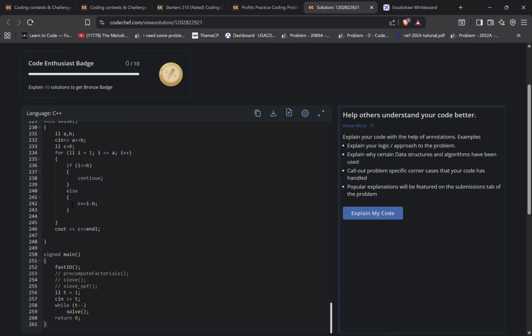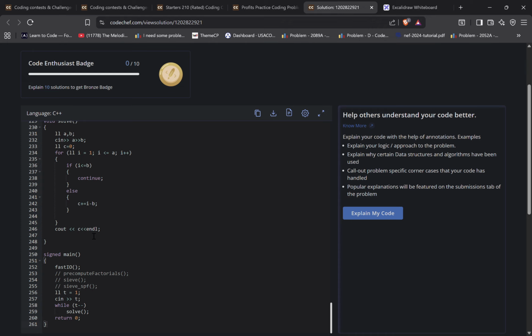Else, I will add it to my counter variable. How will I add it? The current amount that my customer is going to give me, which is i, minus the cost that it takes for me to make a lemonade. This will give me the profit on that lemonade. So I added it to C, and finally I just outputted this.